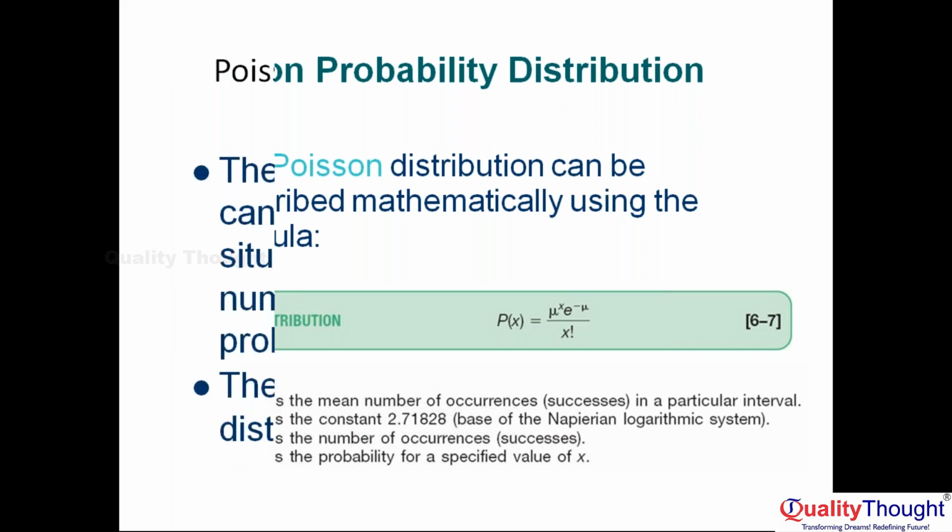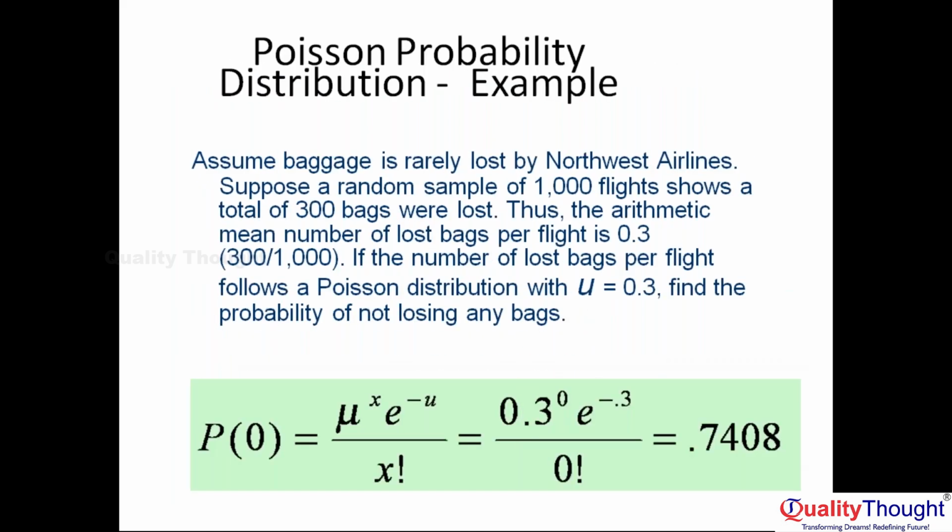Okay, so let us take an example. Assume that baggage is rarely lost by the Northwest Airlines. Suppose a random sample of 1000 flights shows a total of 300 bags were lost. See, generally in airports, bags will be mismatched and they will be lost.